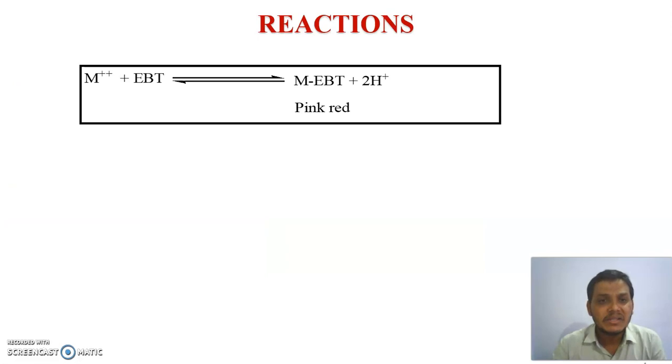The reaction is very simple. Metal, in the form of what, your calcium 2+, magnesium 2+, zinc 2+, right, is present in the hard water sample. In the conical flask we add EBT indicator, so metal plus EBT forms metal EBT complex. Here is the formation of metal EBT complex at pH 10, meaning we add ammonia buffer solution.